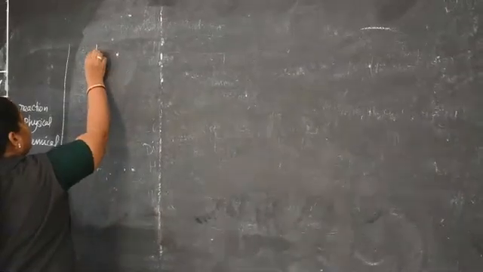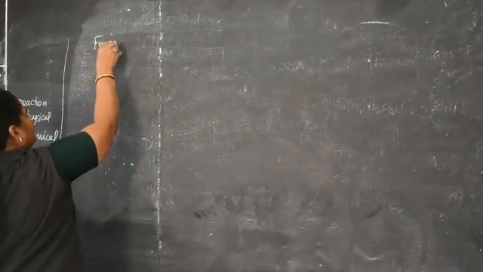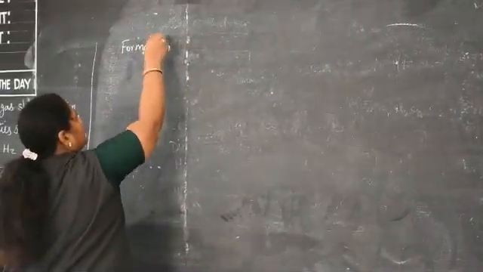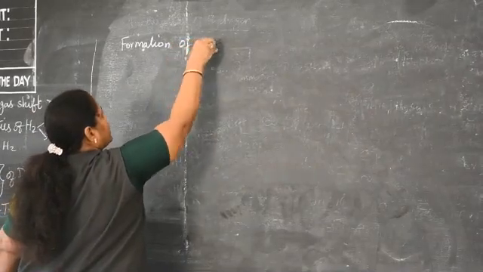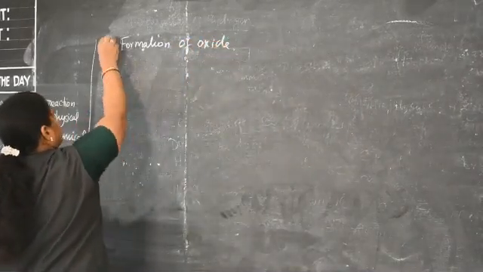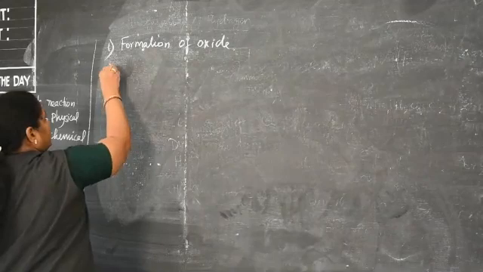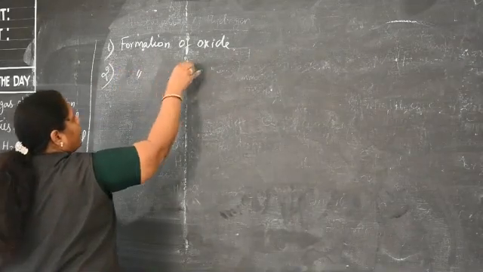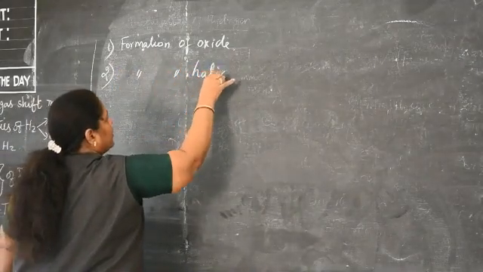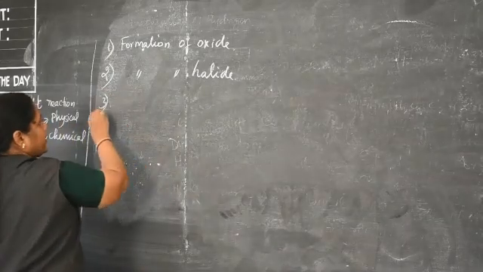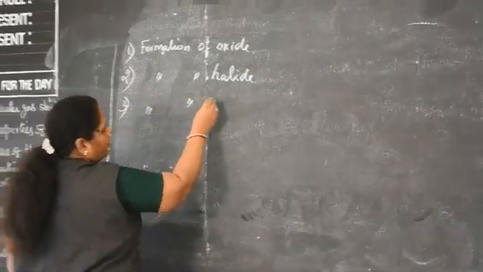Under chemical properties, we discuss the formation of oxide. Second one is formation of halide. Third one is formation of hydride.